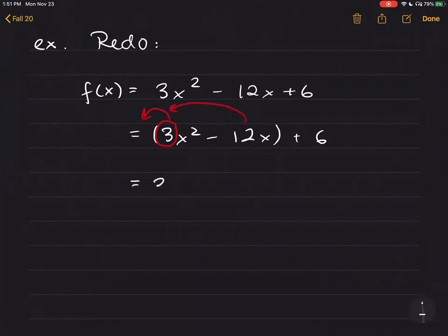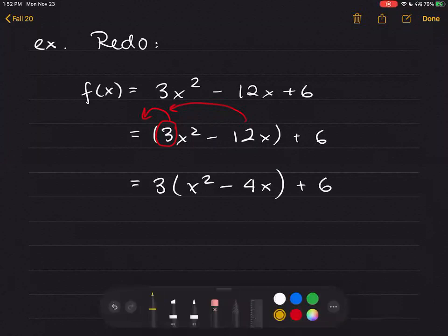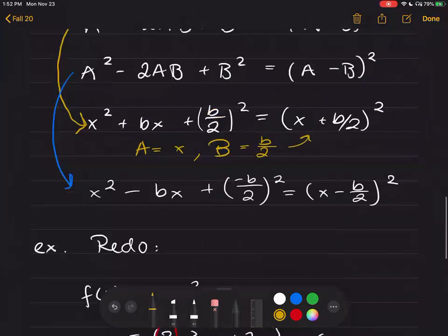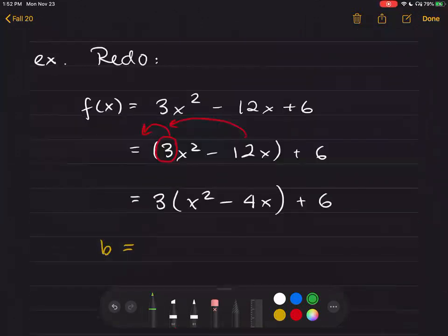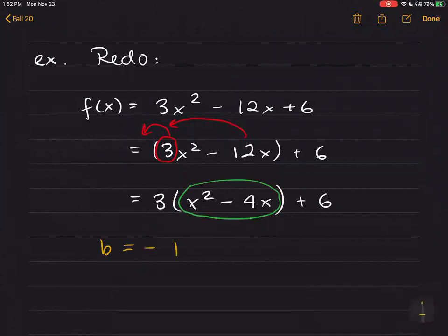So we get 3 times x squared, and then 12 divided by 3 is 4, so we get minus 4x there, plus 6. Everything is just like last time so far. But now, a quick side note: when we apply this perfect squares formula, remember, we want to apply it to the thing inside the parentheses. Here, b is negative 4, which means that when we do our negative b over 2 squared, we're actually going to want to use negative 4 over 2 squared.